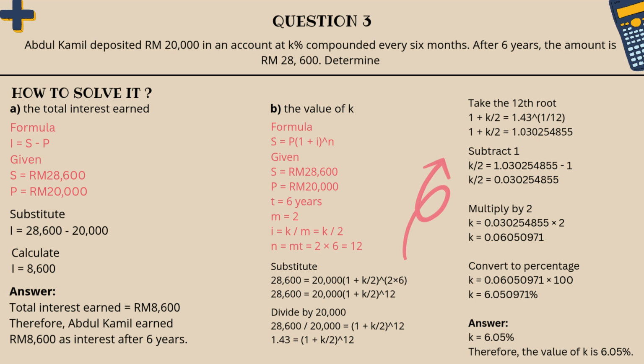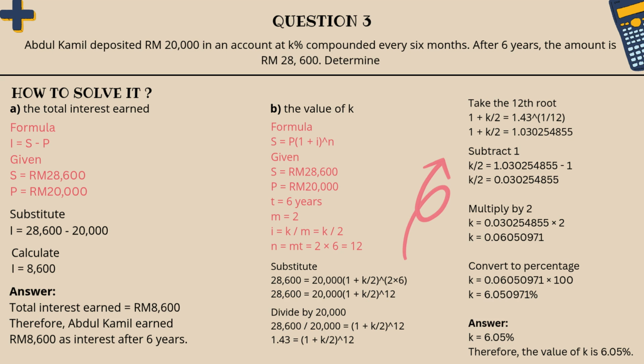Next, we find the total number of compounding periods. 2 times 6 equals 12. So N is equal to 12. After that, we substitute the values into the formula. 28,600 equals 20,000, open bracket, 1 plus K over 2, close bracket, power 12.